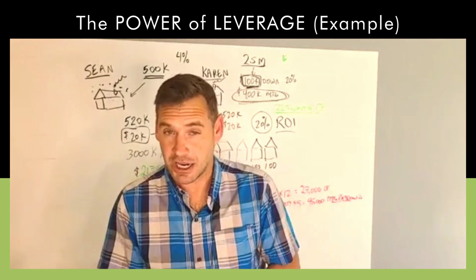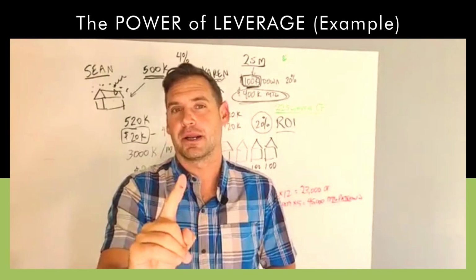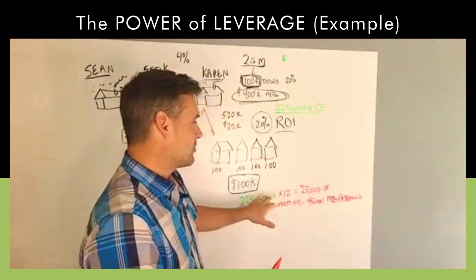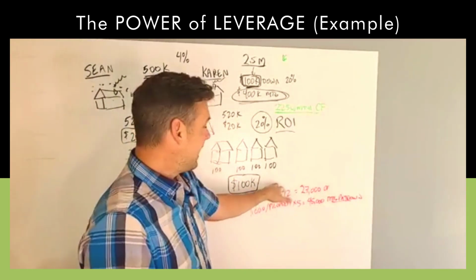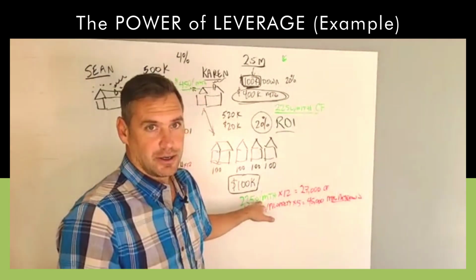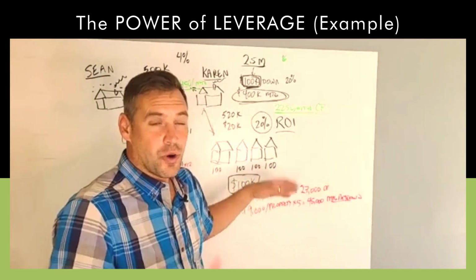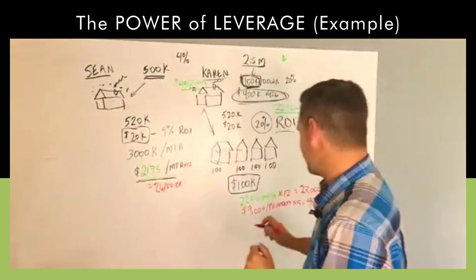Yes, he's getting cash flow in his pocket on that one property, but Karen is also getting her mortgages paid down and cash flow in her pocket. So way, way, way better. Plus she has 5 properties going up in value.